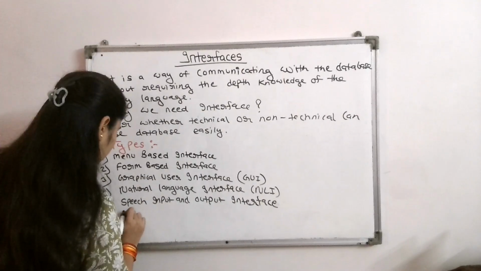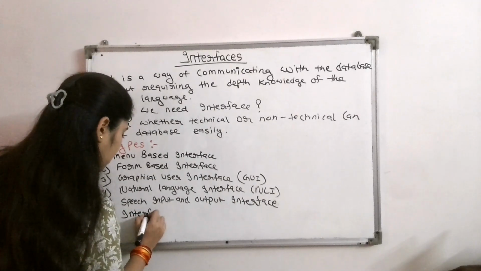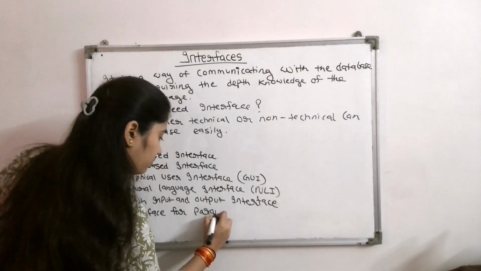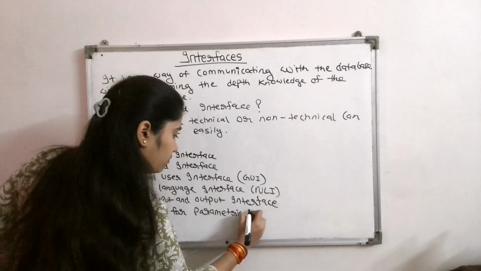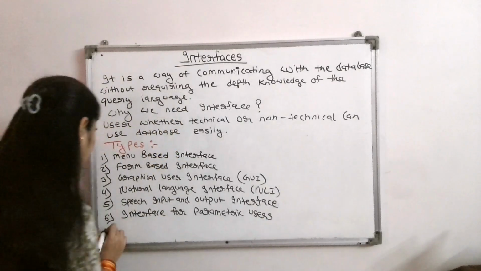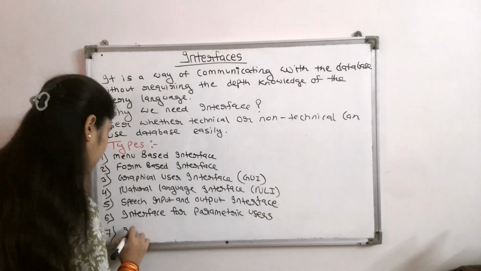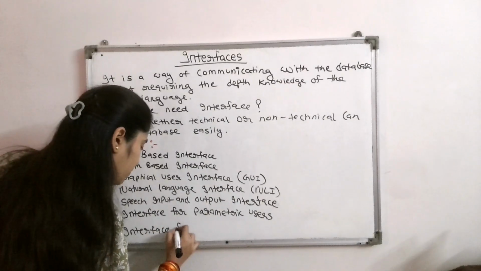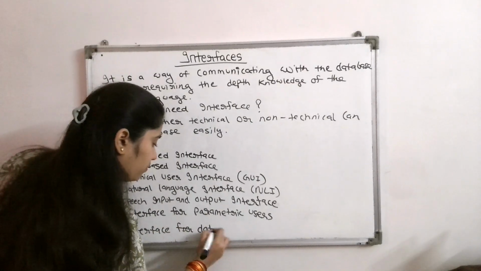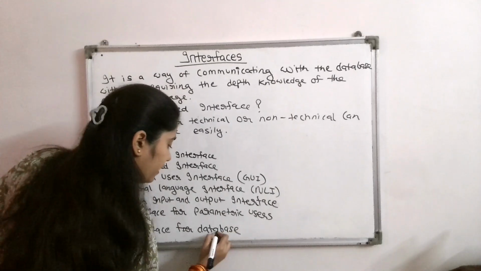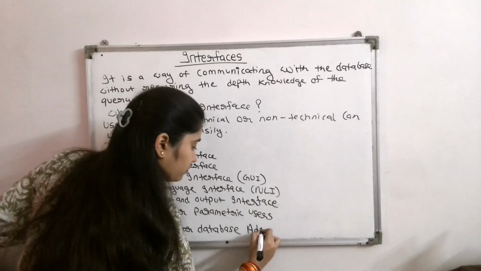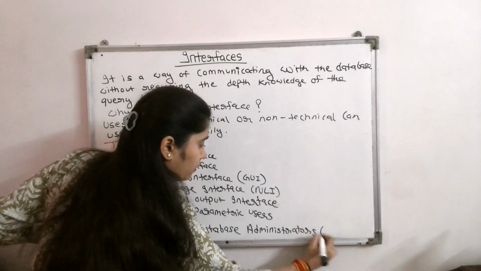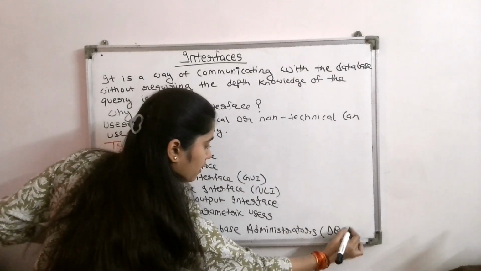Next is the interface for parametric users. And the last, seventh, is the interface for database administrators, that is DBA.